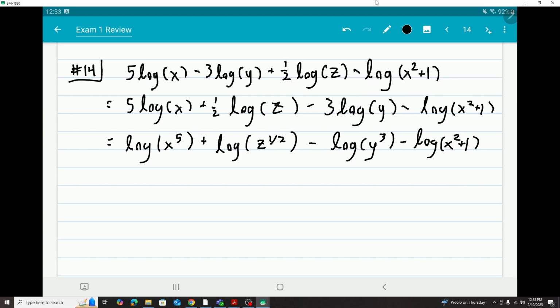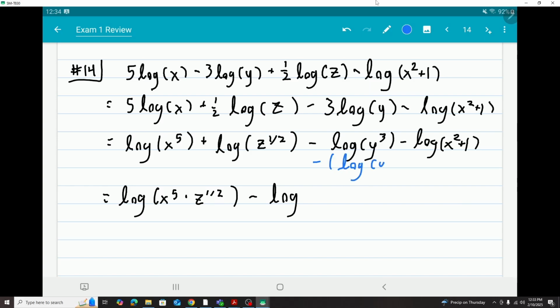Now we can combine logs together. So this is log of x to the 5th times z to the 1/2 minus log of, and then it turns out these two combine.